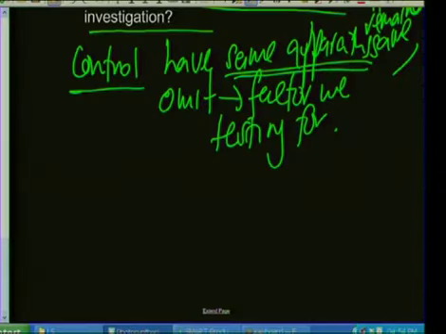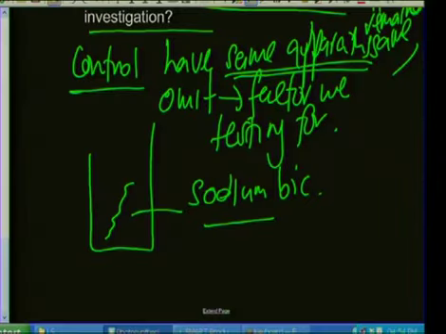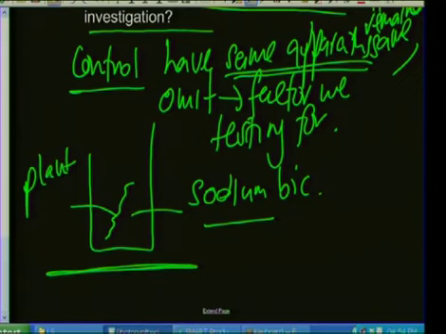So in other words, we will put in a beaker, we'll have our sodium bicarbonate solution, and we will have no plant there, and we can check that. Alternatively, somebody else can say we can have the same apparatus with the plant inside, but we don't change the light intensity.